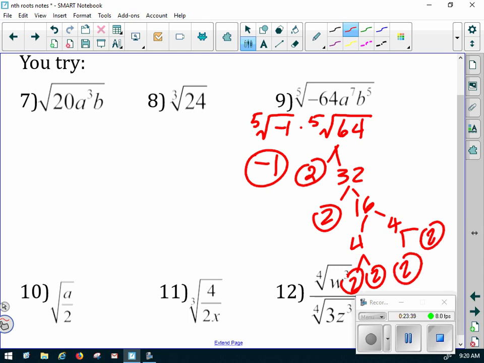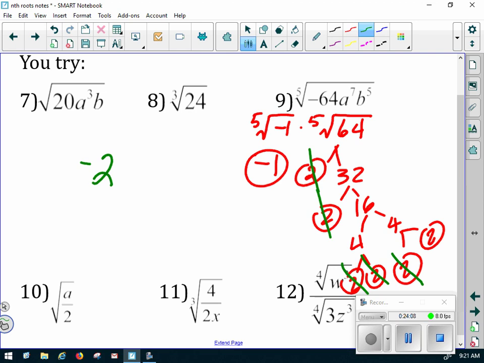How many 2's do you get? You get 6. We're looking for how many? 5. Do we have a group of 5 2's? Yes. So we're going to say 1, 2, 3, 4, 5. So a 2 is going to come out, right? Negative 1 times 2. So I'm going to have a negative 2.